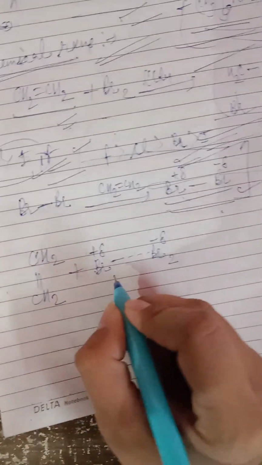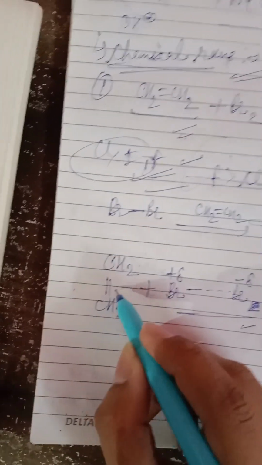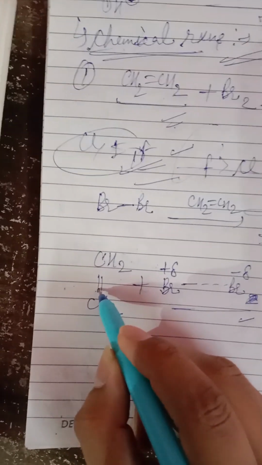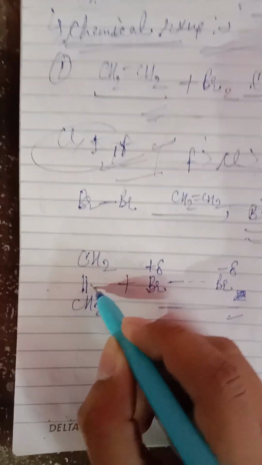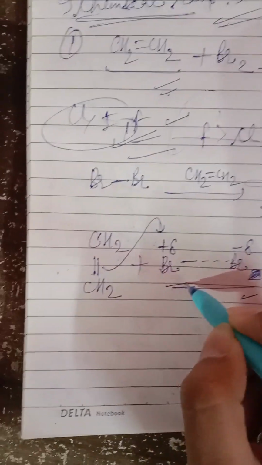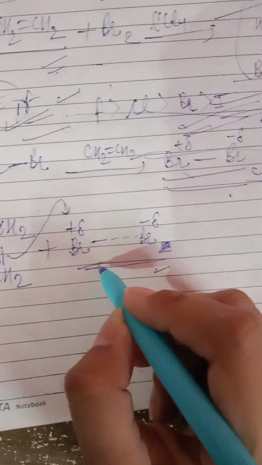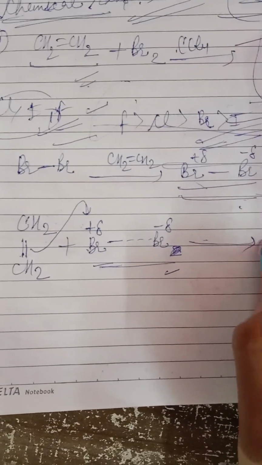Now, due to the partial positive and partial negative charge separation in the bromine molecule, the double bond having larger electron density attacks the partial positive side of the bromine molecule and hence forms a carbocation as follows.